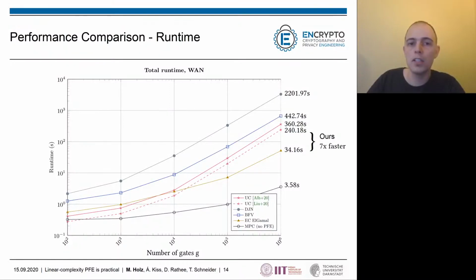So this is the total runtime of all our protocol steps. And we've also seen that we not only have this factor of 10 compared to multi-party computation, where the function is not hidden, in terms of communication, but also in terms of runtime. So our protocols are only about 10 times slower than standard MPC protocols, where no function is hidden at all.